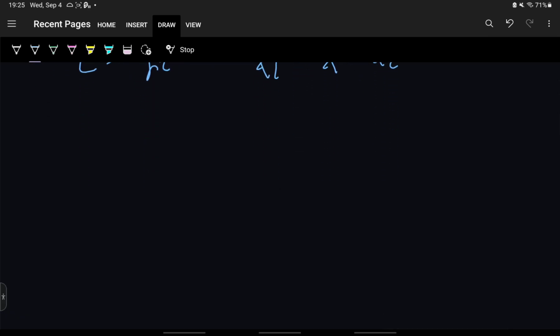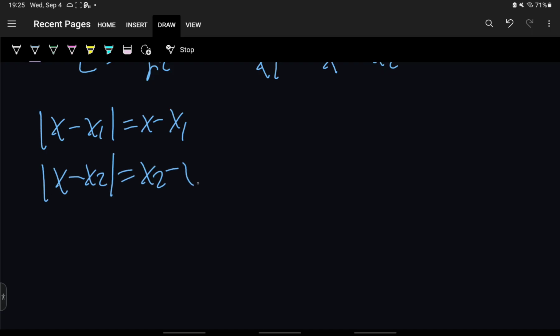The distance from charge q1 to the point x is going to be the absolute value of x minus x1, and the distance from charge q2 to the point x is going to be the absolute value of x minus x2, which is equal to x2 minus x.